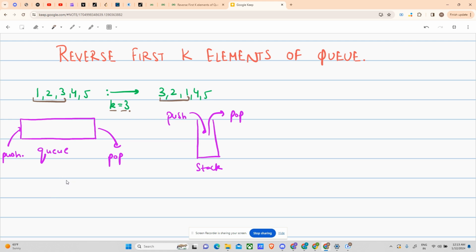For those of you who do not know what a queue is, a queue is a data structure implementing the first in, first out policy, also known as FIFO. What does it mean? Suppose there is a line of people.